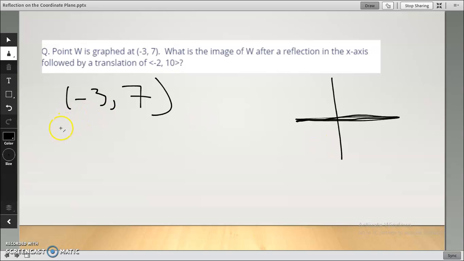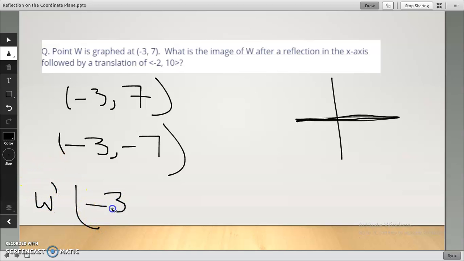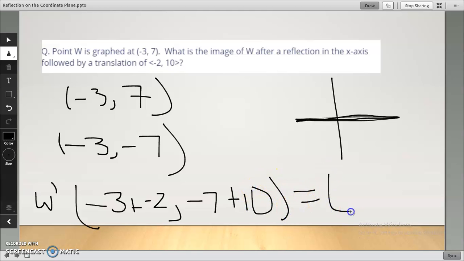So that gives me (-3, -7). And I need to translate it. So my P prime is going to be -3 plus -2 and -7 plus 10, which gives me (-5, 3).